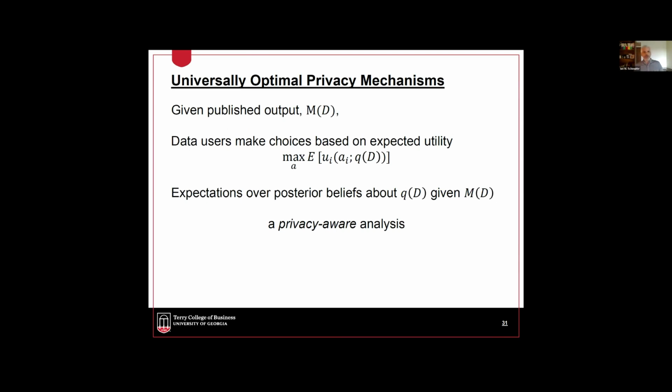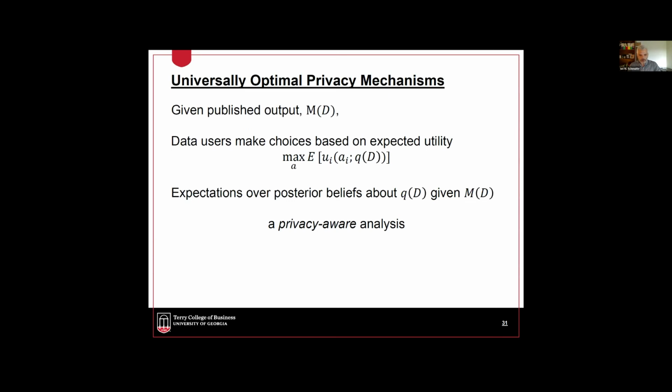So given the published output that comes from the mechanism, data users, these individuals, are going to make choices based on their expected utility, where their expectations are over posterior beliefs about the true state of the world, the true statistic Q(D), given the output that they saw that was published, what came out of the privacy protection mechanism, M(D). And so in this setting, we're imagining data users that are engaged in a privacy-aware analysis.